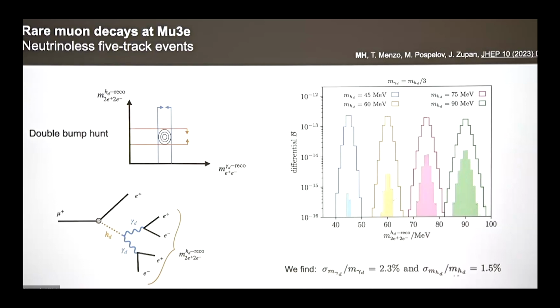You can also estimate roughly the precision that you would obtain on the mass of these particles. If you had a branching ratio of 10 to the minus 12, which is currently allowed, this resolution on the mass would be under a few percent, which is kind of amazing. This is the kind of discovery that, if you do make it, you would actually discover 2 particles at once, which is great, right? So, high risk, high reward.